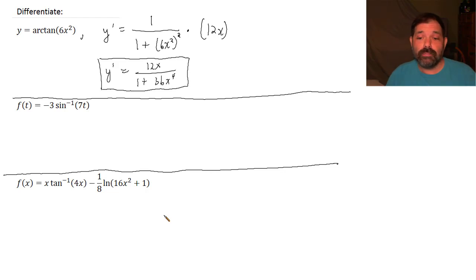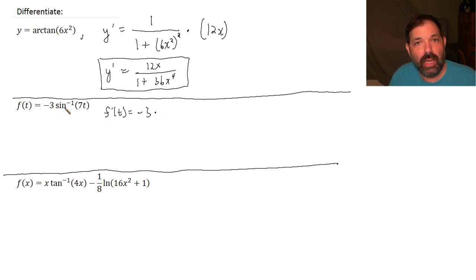Alright, I hope you paused and tried these on your own. So we were given f of t is -3 sine inverse of 7t. We need to differentiate this. So then f prime of t, we carry the -3 along. It's just a constant factor.